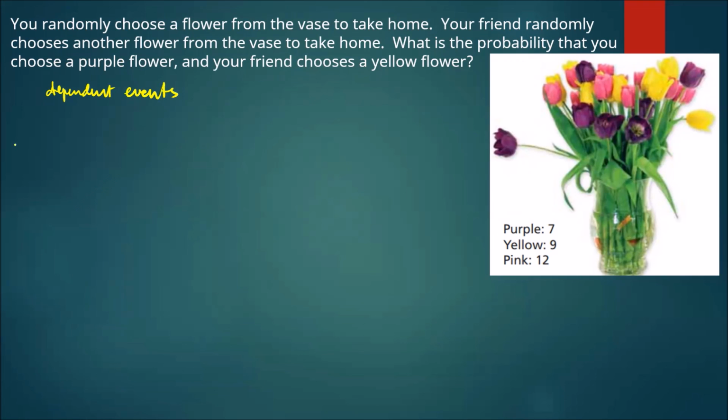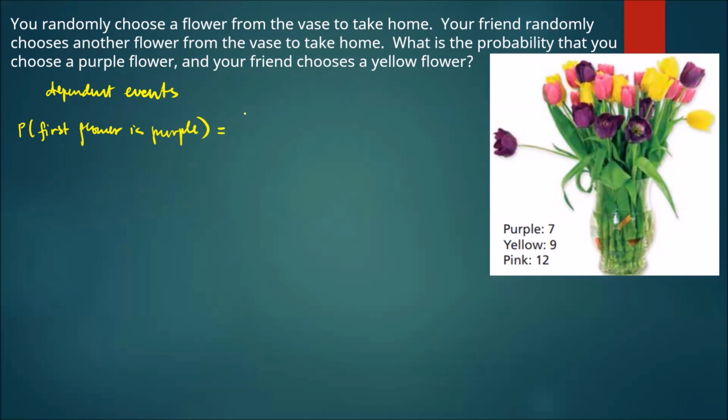Okay. So we are talking about two events. First one is the first flower is purple. So what is the probability that our first flower is purple? How many purple flowers are there?